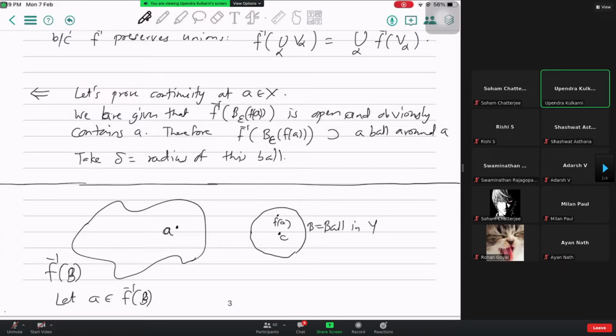Right? And in fact, what this tells me is that for the proof to be conceptually better, I should not have gone to balls in Y. It would have been better just to take an open set in Y, because the ball is playing no role over here.